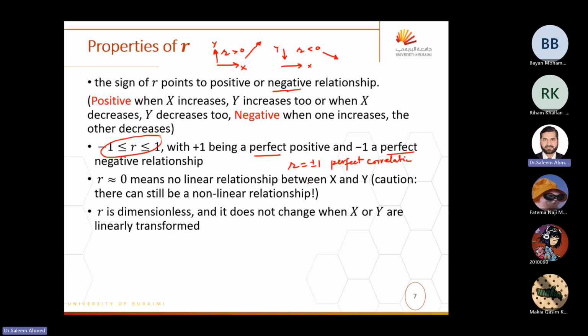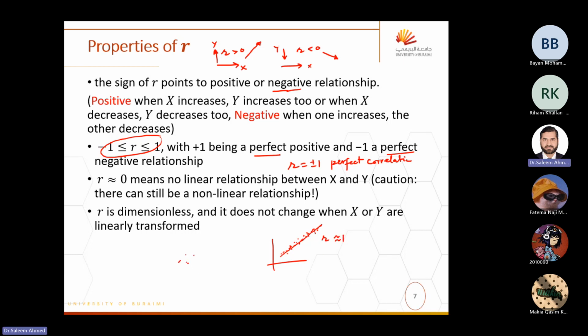Okay. So when will I get that? When all values are very, very close to a straight line like this, then R will be approximately 1, very close to 1.